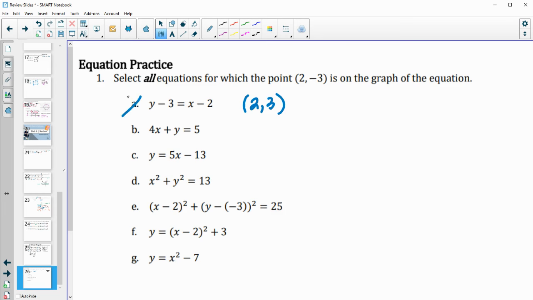And as a line, that means (2, -3) cannot be on there. You can also plug it in. So you could plug in 3 for y and 2 for x. 3 minus 3 is 0. Plug -3 in. So -3 minus 3 is -6.